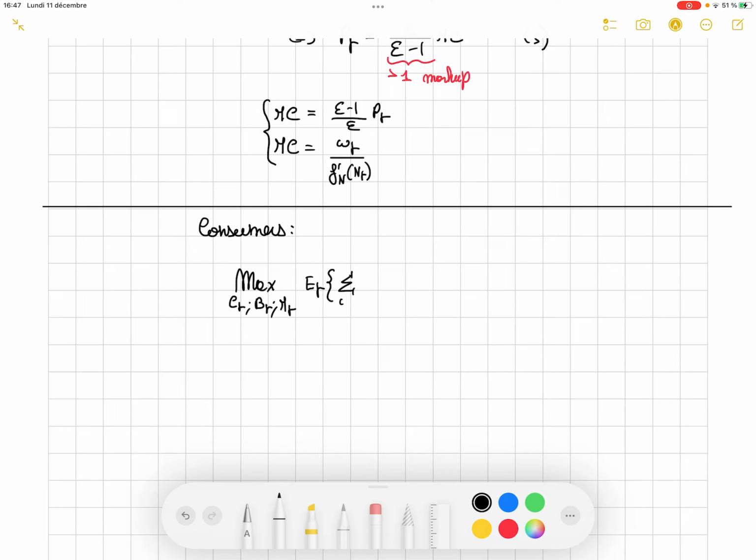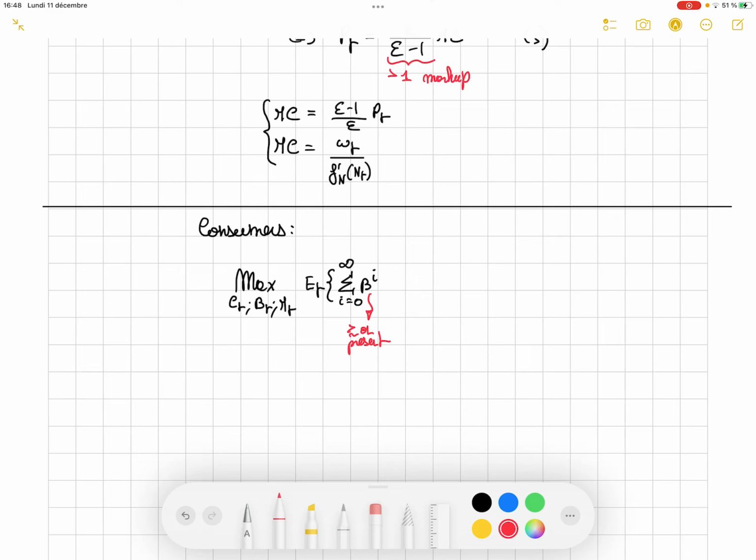They optimize over an infinity of periods, beginning in t, between i equal 0 and infinity, multiplied by beta exponent i. So beta here is a parameter of preference for the present.